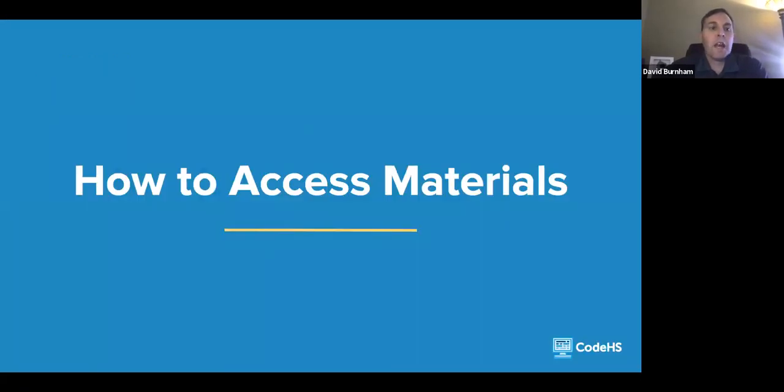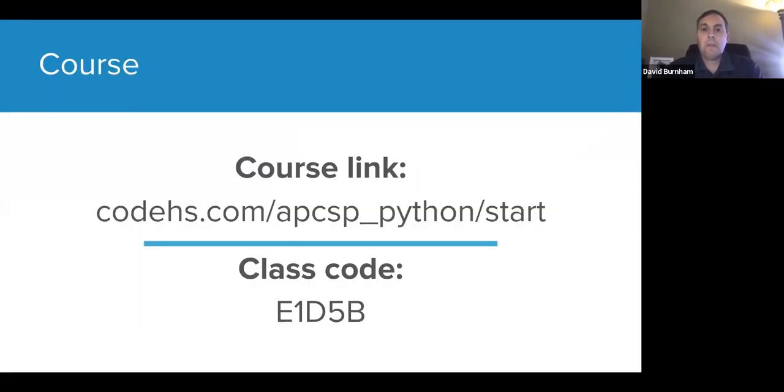Now let's take a look at how we can access material. This course is in beta, which means that we do not have full access yet and you cannot create sections. However, you can access the material and see all the student-facing material through this link here, codehs.com/apcsp_python/start.